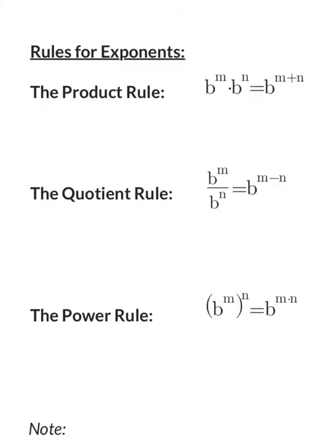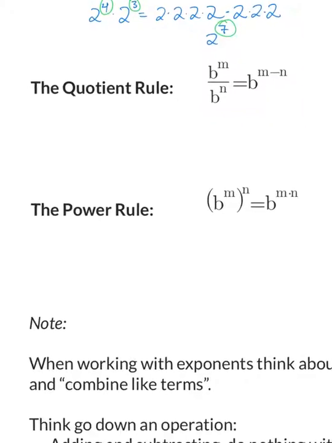If we have 2 to the 4th times 2 cubed, well, 2 to the 4th is a total of 4 2's, and 2 cubed is 3 2's. So how many do we have total here? We have a total of 7. So how do we get that? We get that by adding the 4 plus 3. There is your product rule.